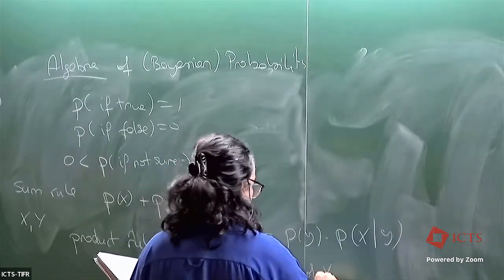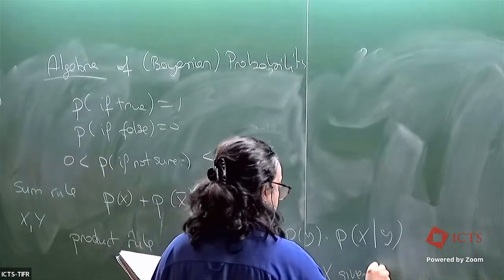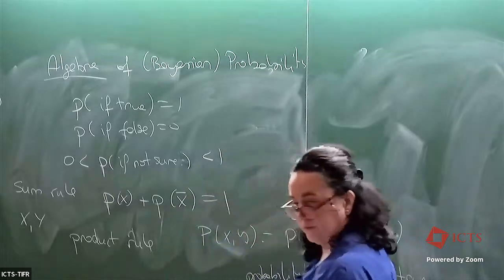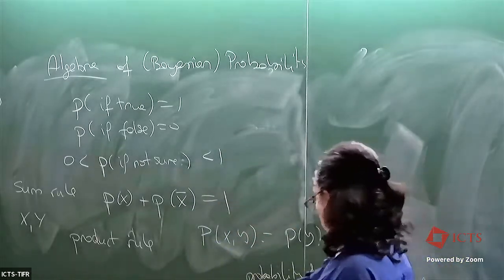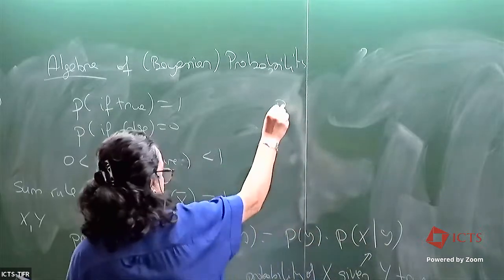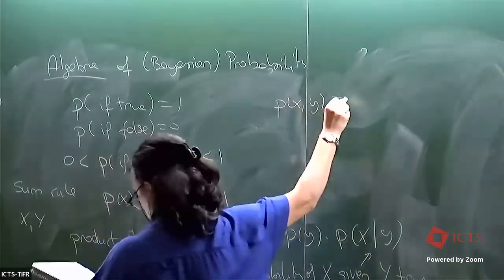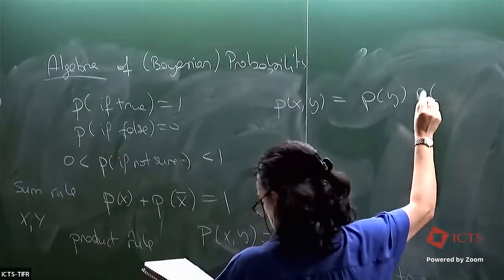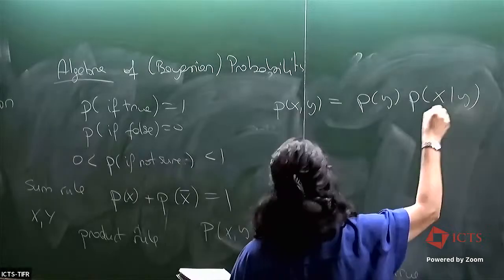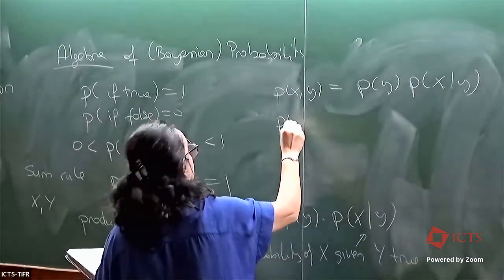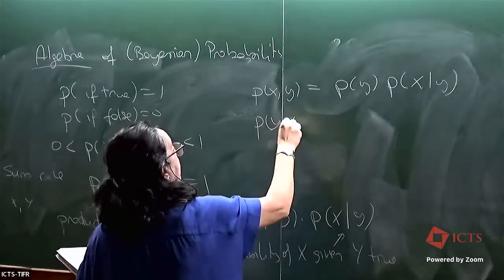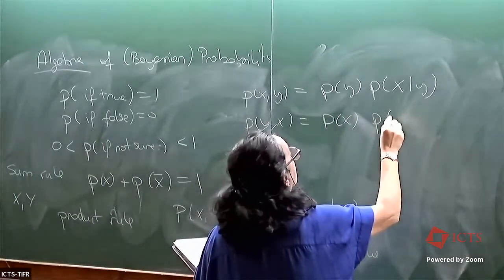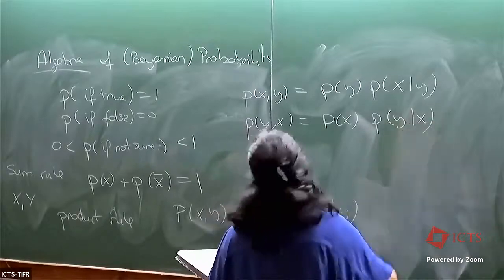Of course, I can also write the joint probability as the probability of x times the probability of y given x is true.